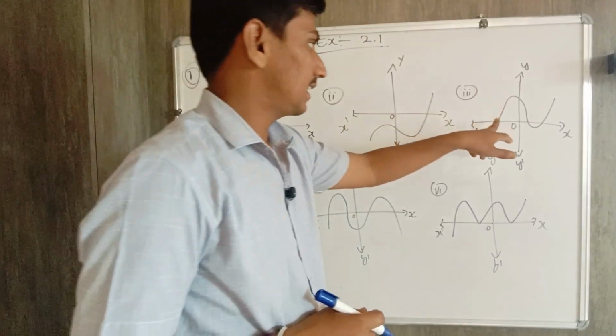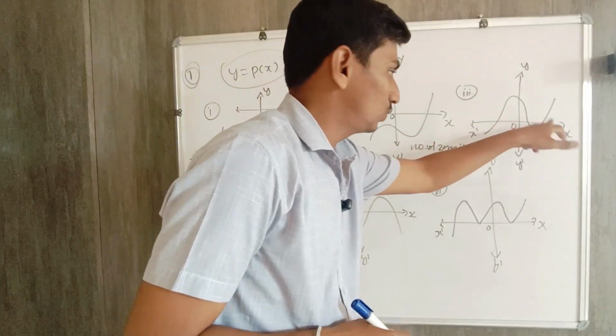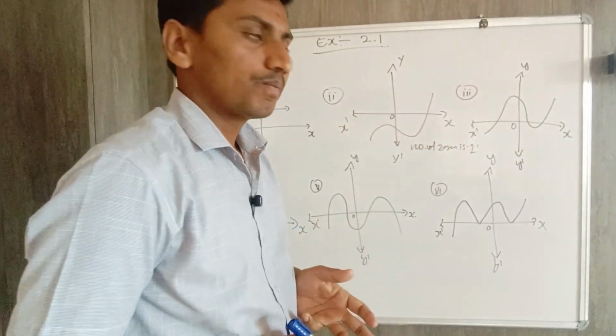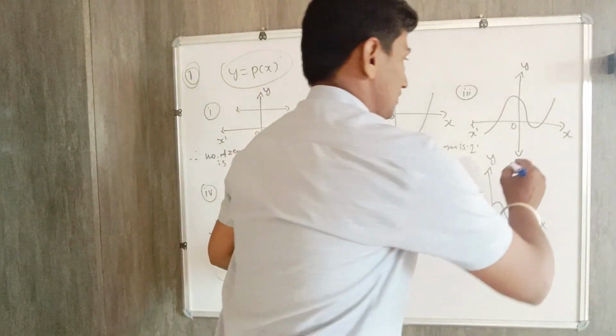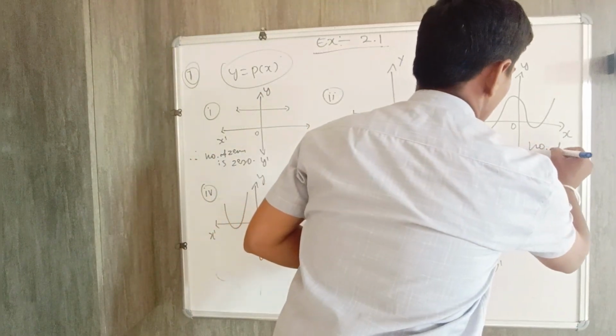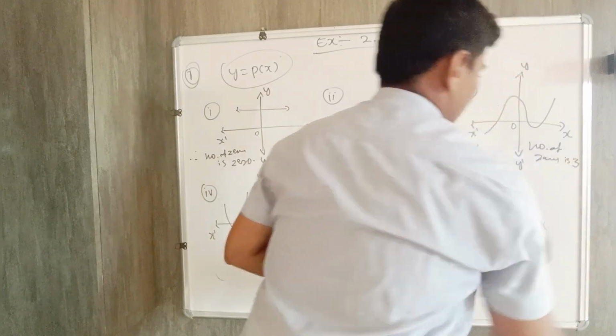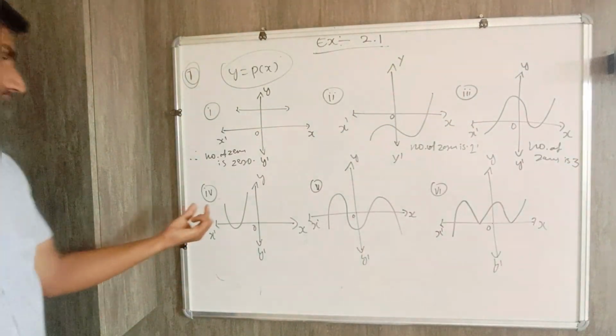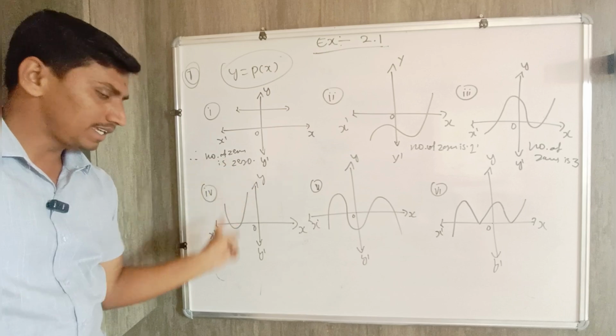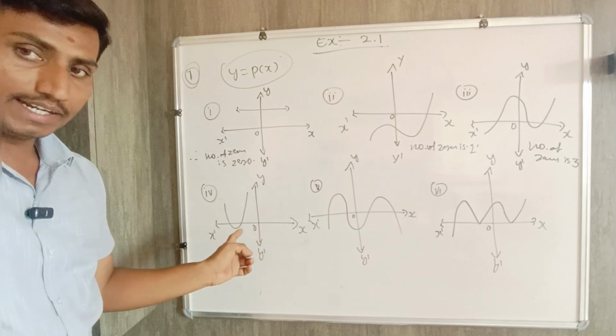Okay. And the third one, which polynomial is it? On the x-axis there are 3 intersecting points: 1, 2, 3. So it is a cubic polynomial, and the number of zeros here is 3. Okay. And the fourth one, which polynomial is it? Quadratic.